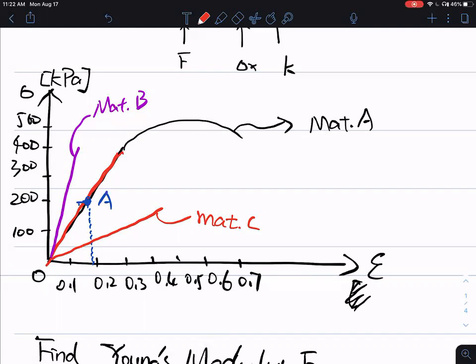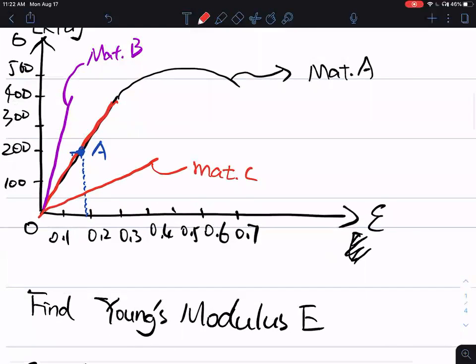You can just judge by the slope of that linear region. And it's nice to have a material that gives you this linear looking stress strain diagram, right? So you can find what's the slope.